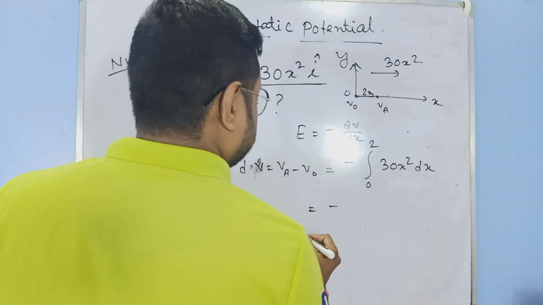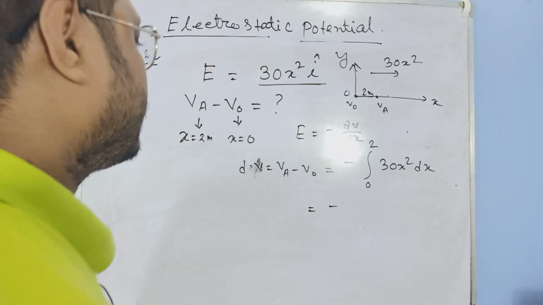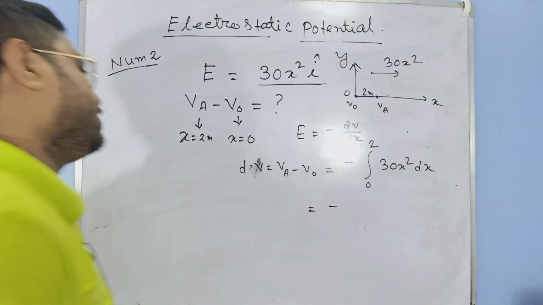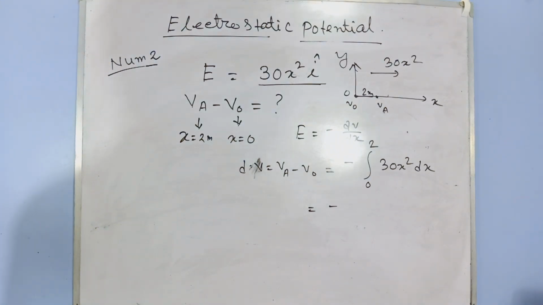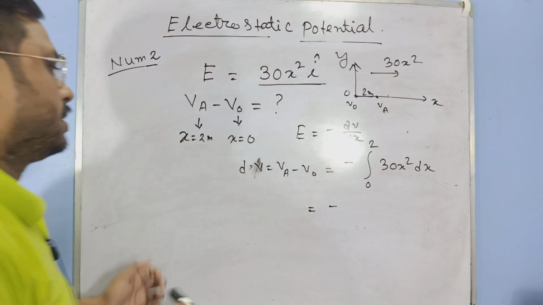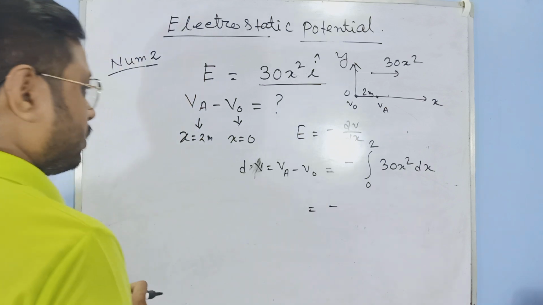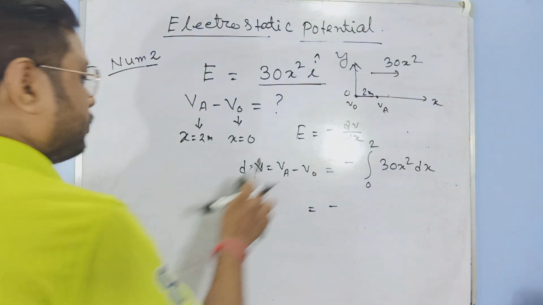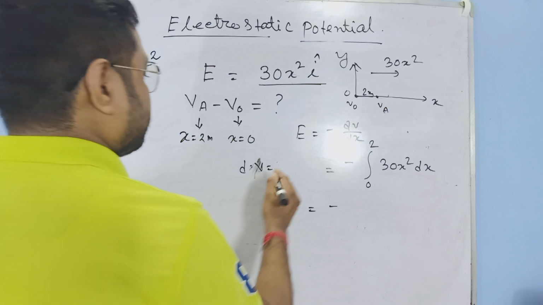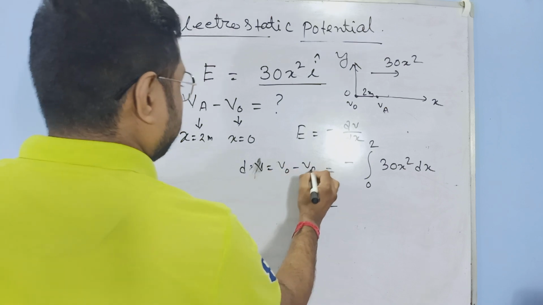So you can get VA minus V0 equal to minus integral 0 to 2 of 30x square dx. But here the potential should be V0 minus VA.